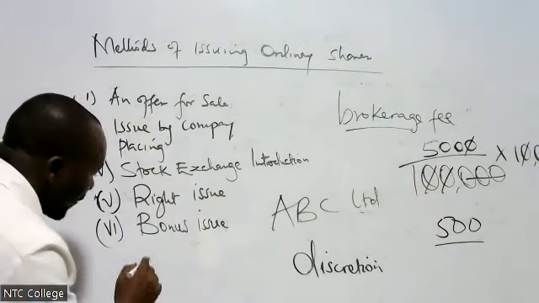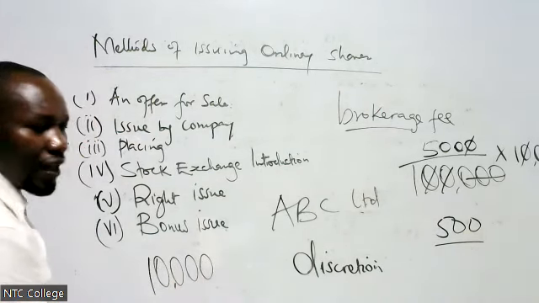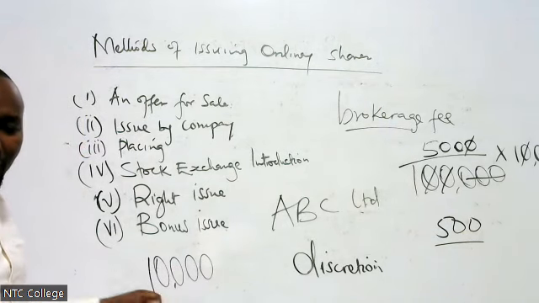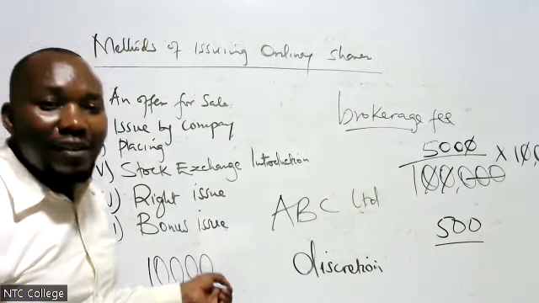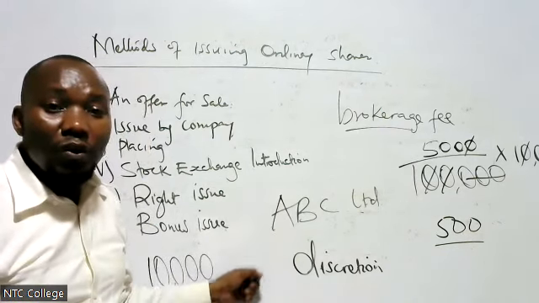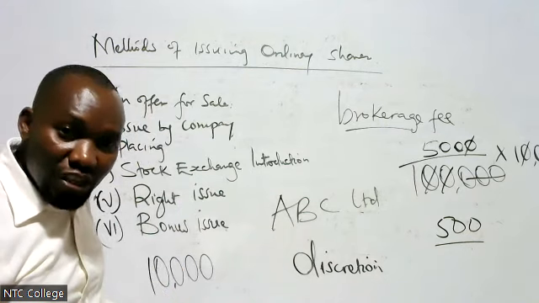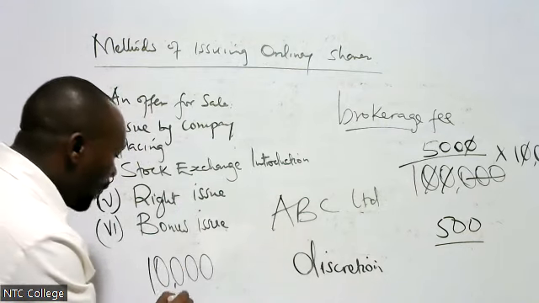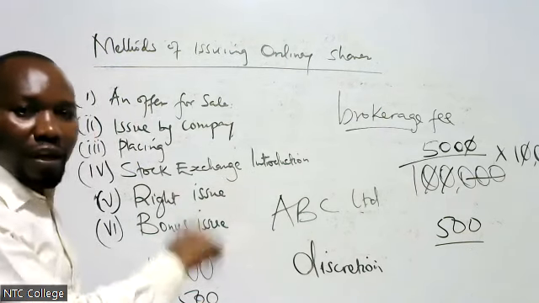Normally, if you have 10,000 shares, you must have paid for it, and that amount is called share capital. It goes to the share capital account. But when you are given additional free shares, there is no money that you are paying.